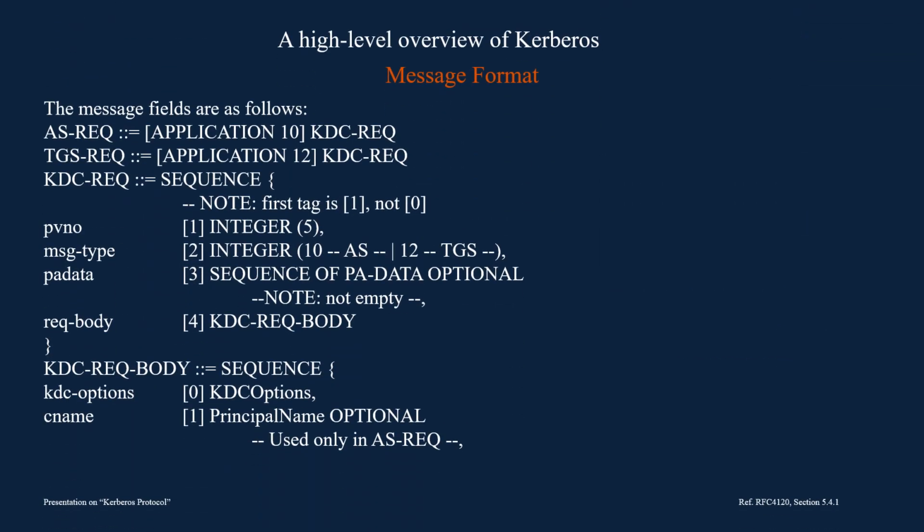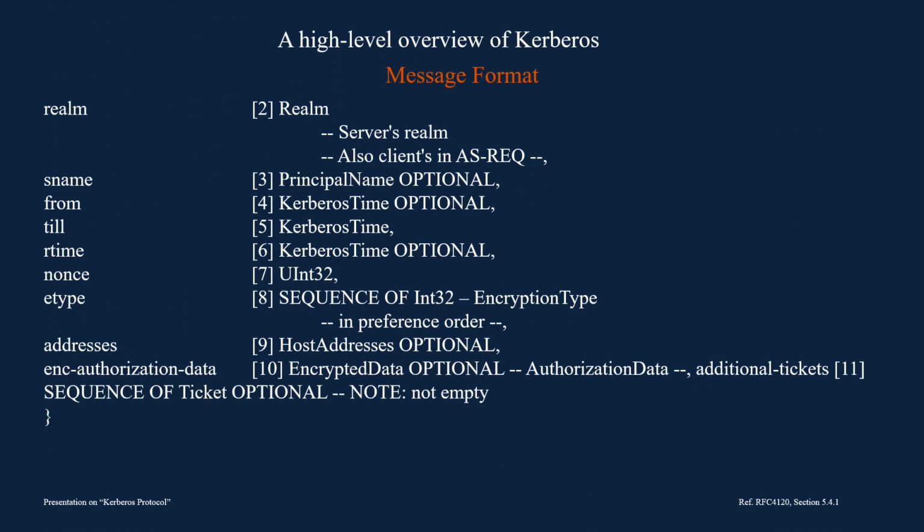Now let's look into the message format of Kerberos. The message size could be a few hundred bytes depending on the values of different fields. And these fields include the KDC request, protocol version number, message type, CNAME, PA data, name of the realm, SNAME, from, E-type, and encryption authorization data.